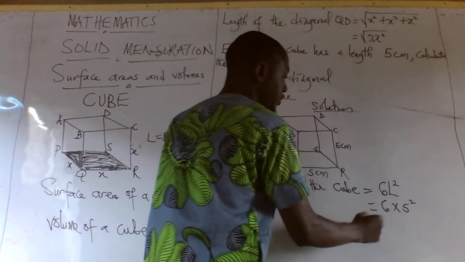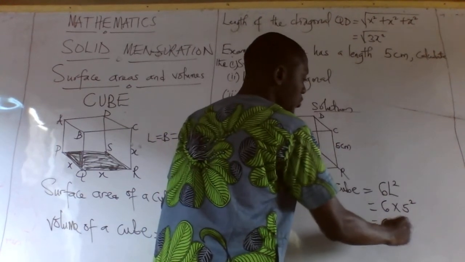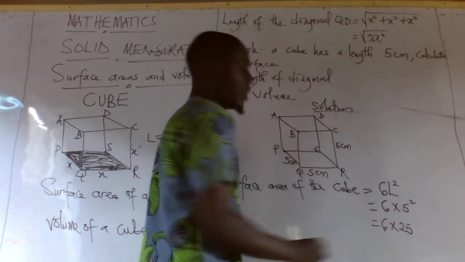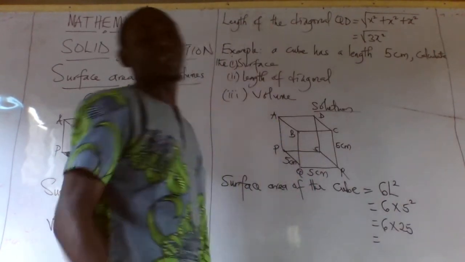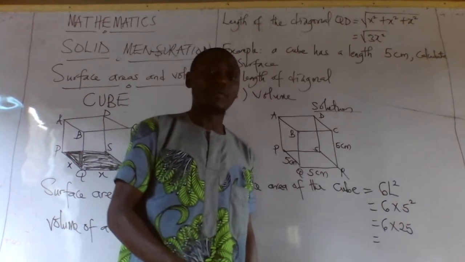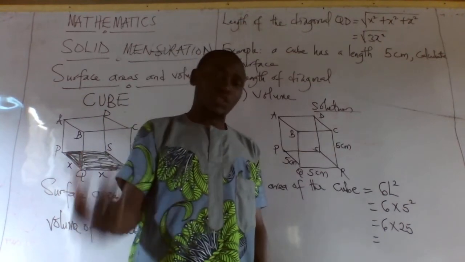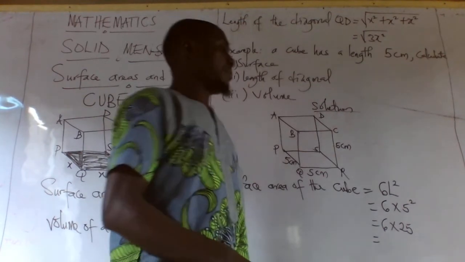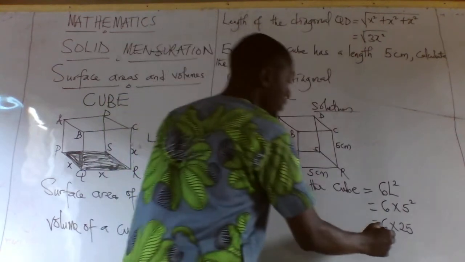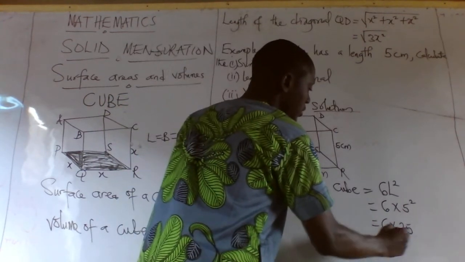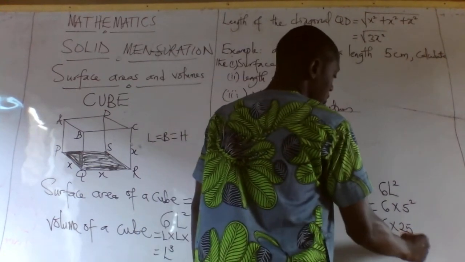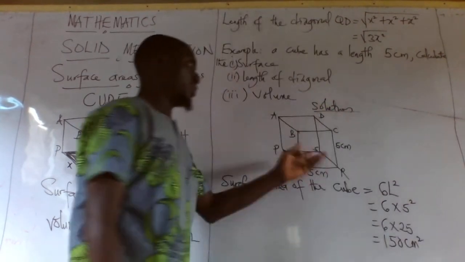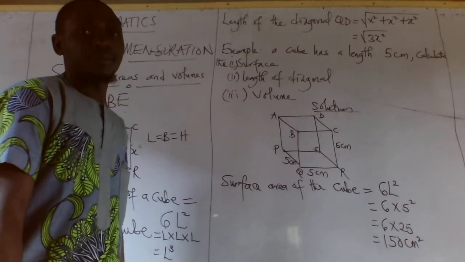That is 6 times 25, and our final result: 25 times 3 is 75, 75 times 2 will be 150. So 25 times 6 is 150 centimeter squared, because we are dealing with area.